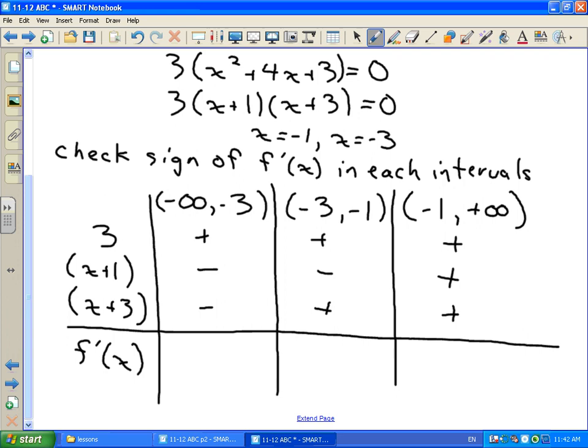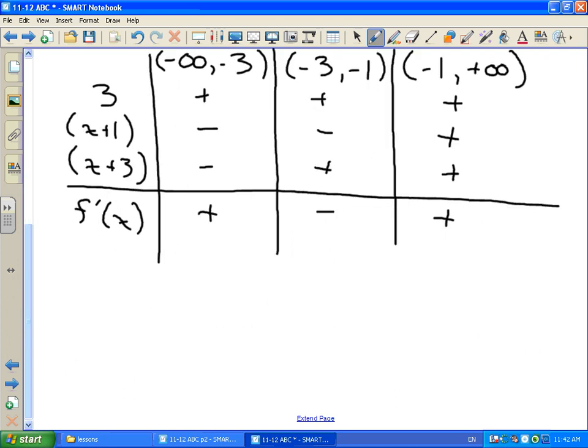So it goes negative, negative, it can change to positive. Once the x plus 3 changes from negative to positive, I know it's not going to change back to negative again. So we can sum all this stuff up and get the sign of our derivative here. So this is going to be positive, negative, and positive.